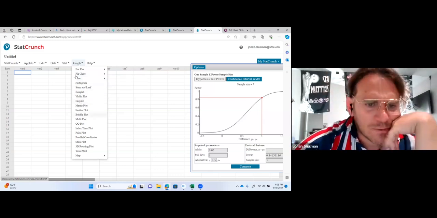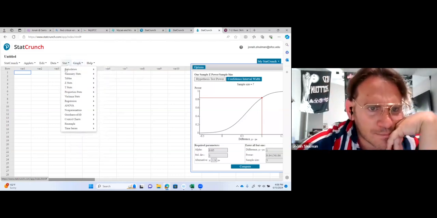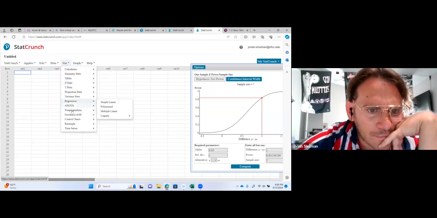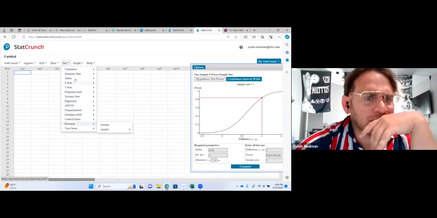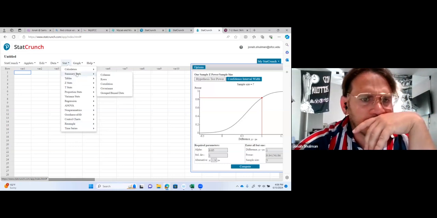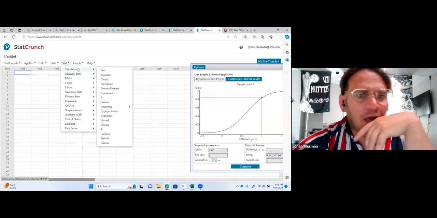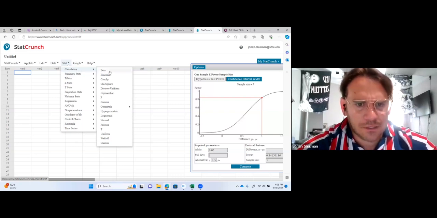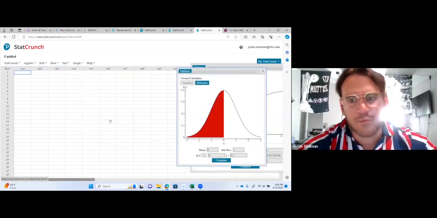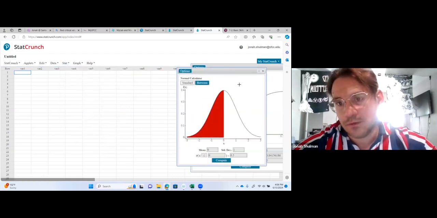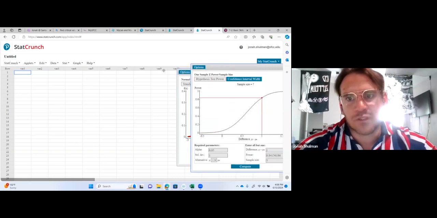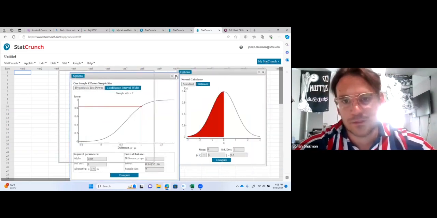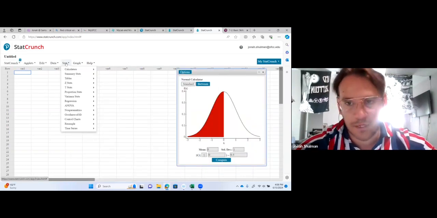I can't seem to remember where it was. Ah, so it's under calculators. So it's stat calculators, normal. Okay. So this is the other way to do it, right? It's not to get the t-scores. You can't do the t-scores this way. You have to use the data for that.